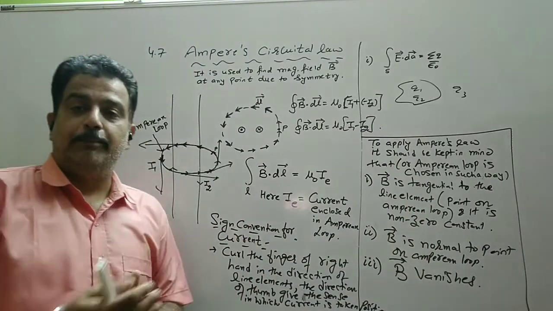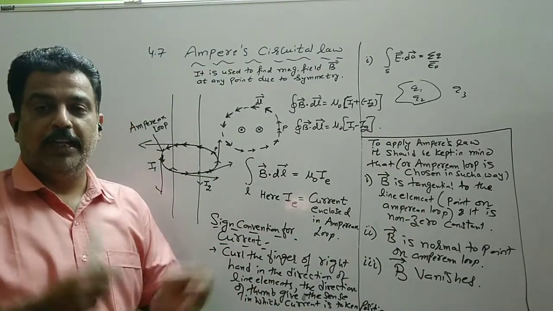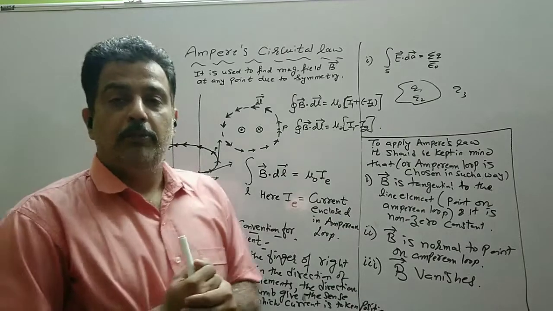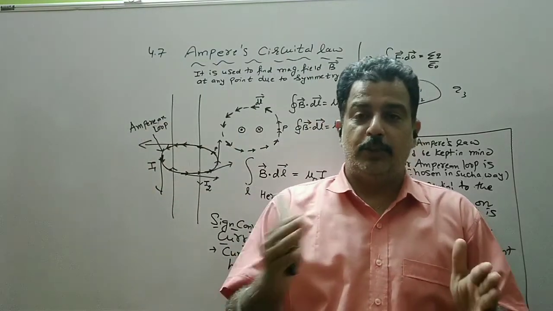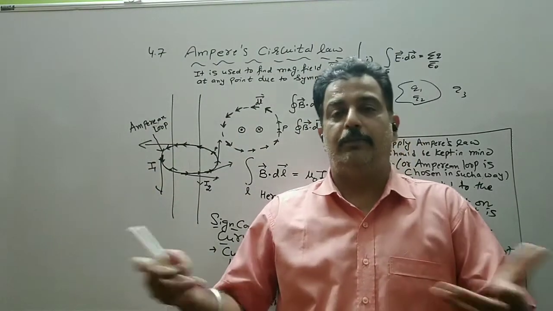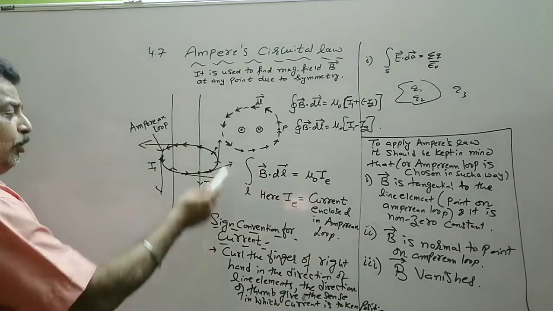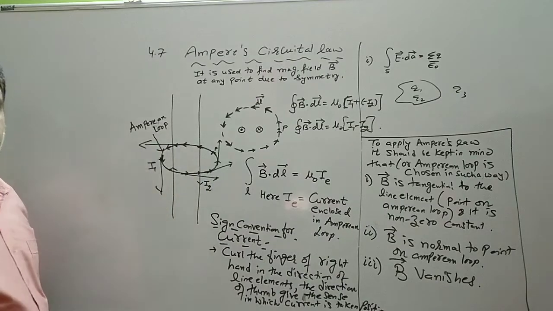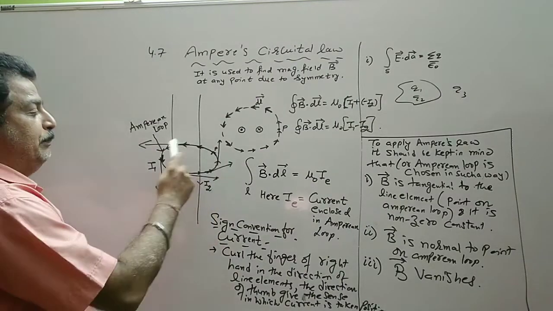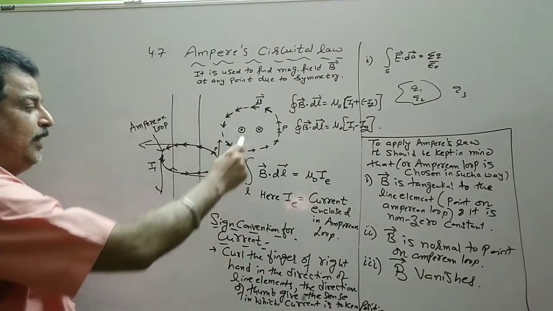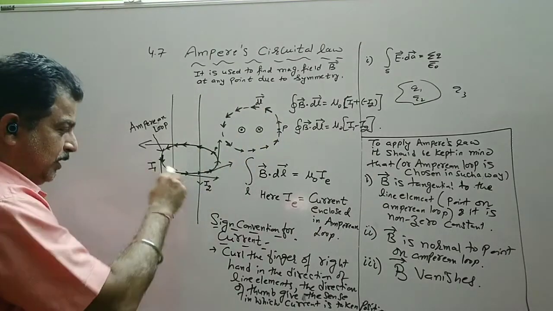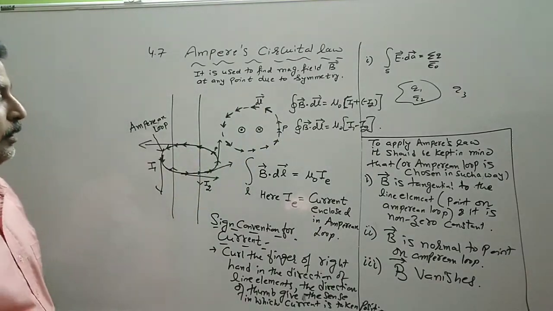So choosing an Amperian loop is in our hand. So when we choose an Amperian loop, we have to take care that either B should be tangential, normal, or B does not exist there, or B is vanished.